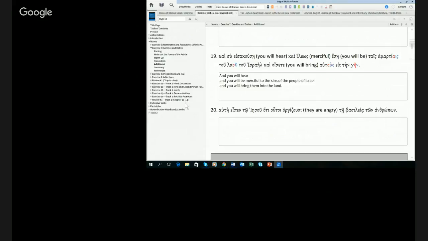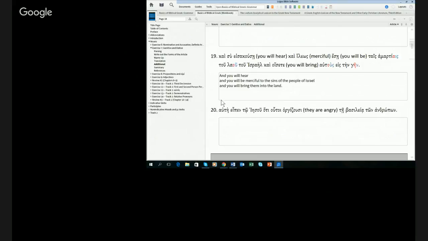Tou Israel, of Israel. Israel does not decline. It's a loan word borrowed from Hebrew, but the article clearly tells me it's understood in the sentence as being genitive. So it's tais hamartiais, tou laou tou Israel. You will be merciful to the sins of the people of Israel.